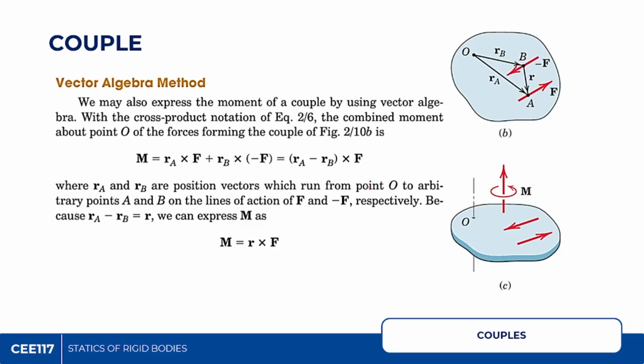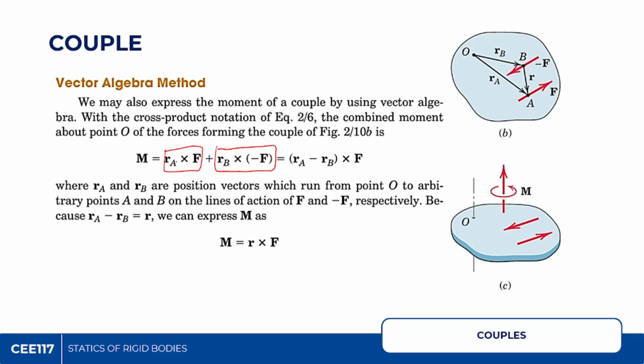Meron din tayong tinatawag na vector algebra method. For example, we may also express the moment of a couple by using vector algebra with the cross product notation. Basically you just need to take individual moments na naka-3D. This is very helpful or applicable sa 3D na mga problems.